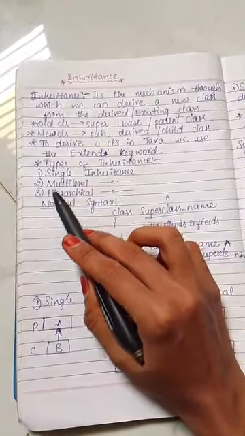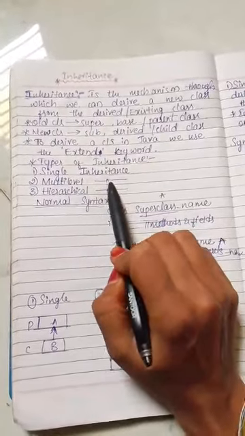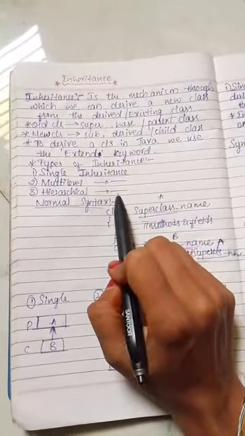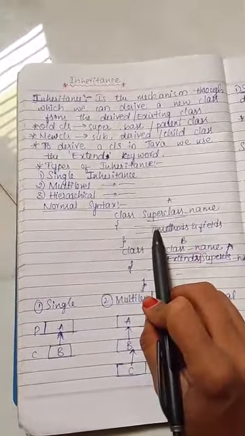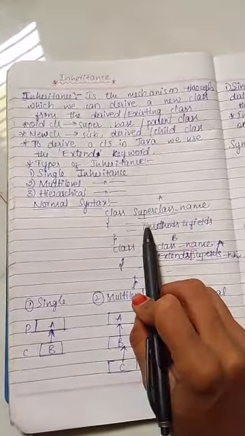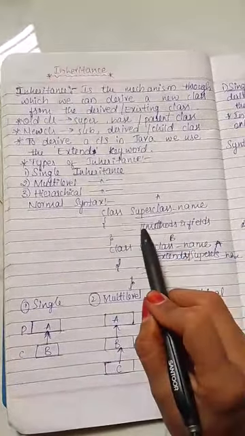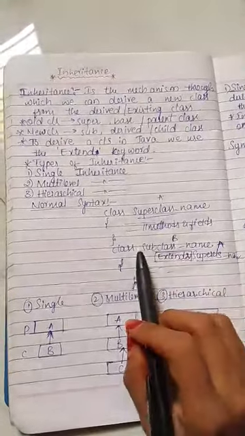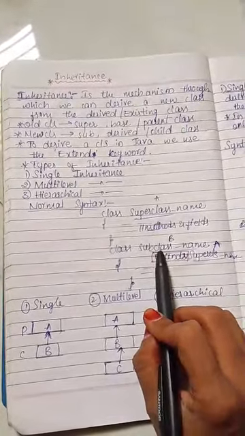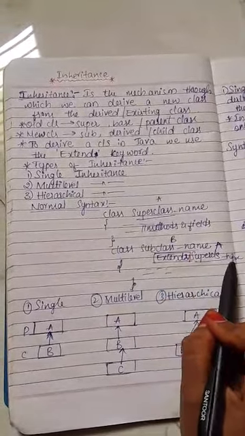And types of inheritance. We have three types of inheritance: single inheritance, multi-level inheritance, and hierarchical inheritance. First, let us see the syntax of inheritance. Class superclass name, class A. If I take A, this is the superclass name, with some methods and fields in the middle. And class subclass name, that is B, extends superclass name.